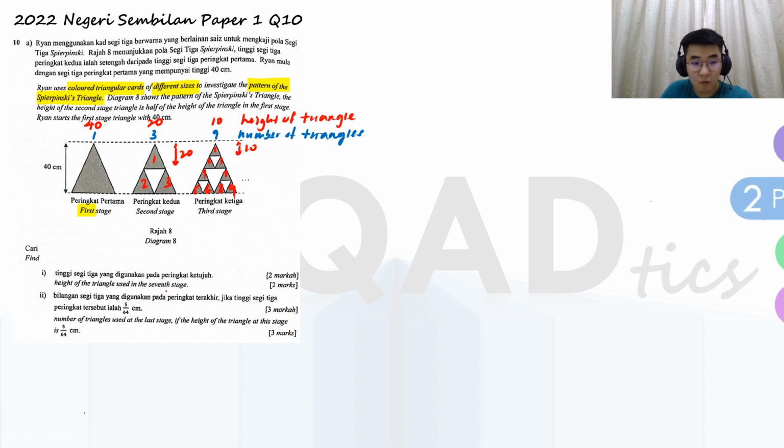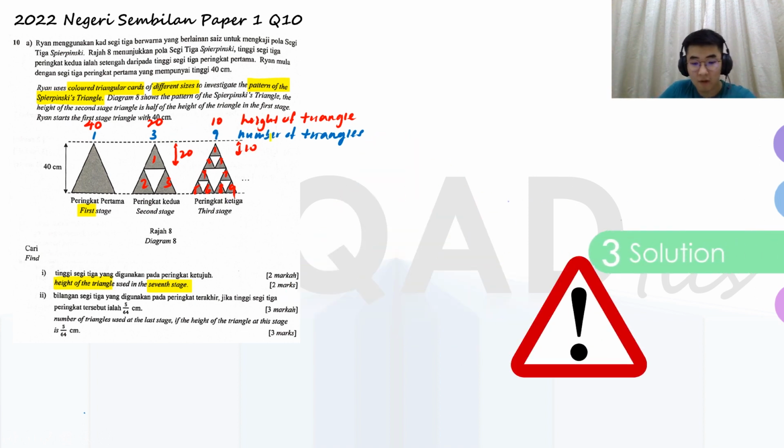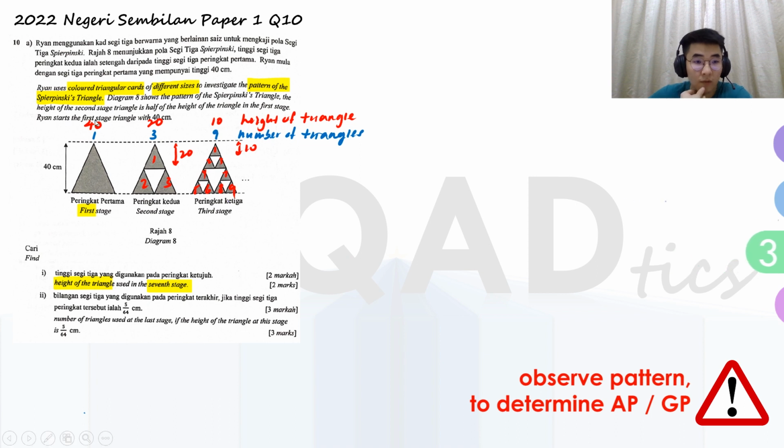Okay, so going to part A, we need to find the height of the triangle which is used in the 7th stage. So we need to find the 7th stage triangle's height. Okay, so if you look at the pattern of the height of the triangle, you can see that it goes from one value to the next. We need to divide by 2, or we need to multiply by 1 over 2. Correct?